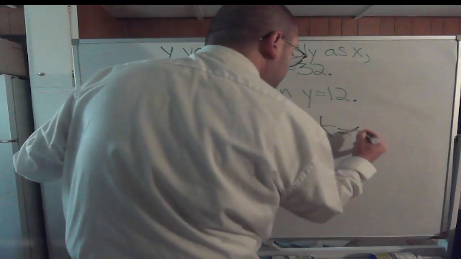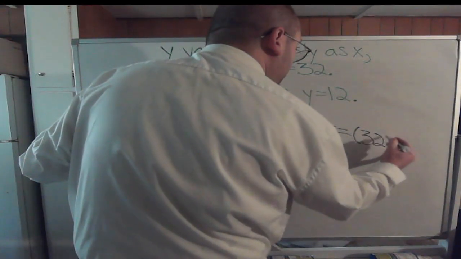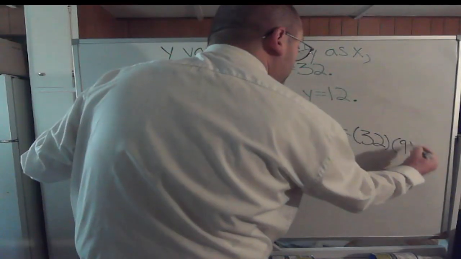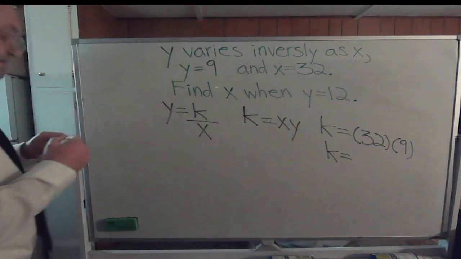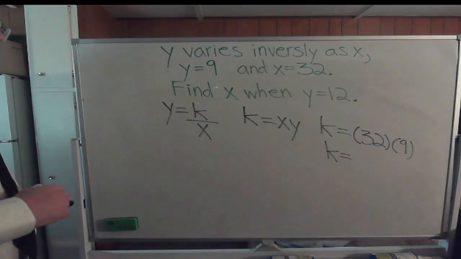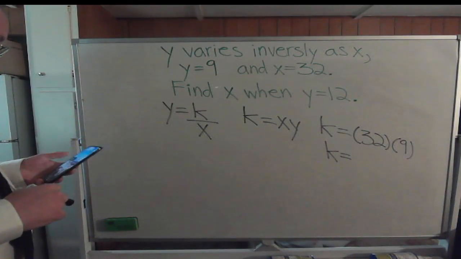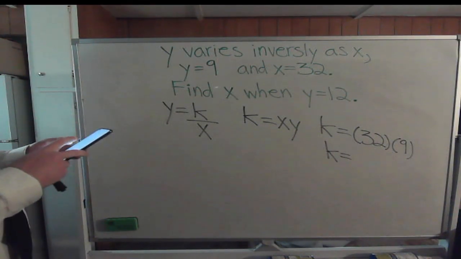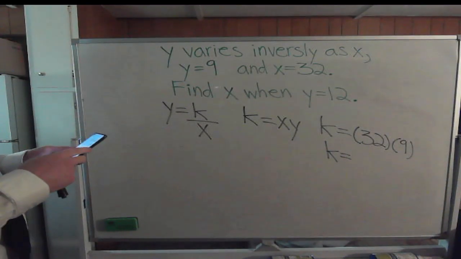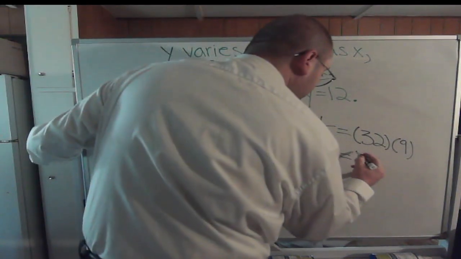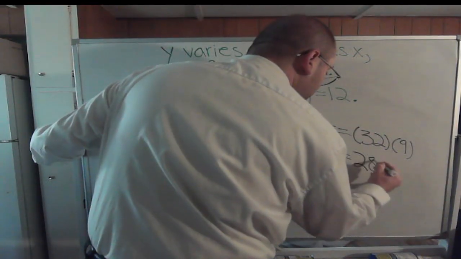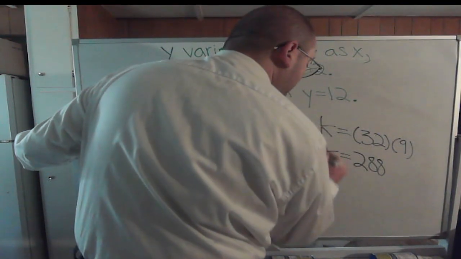X was 32, and y was 9. So all I have to do now is take 32 times 9 and I'll have my constant of variation. So let's go ahead and do that here. That gives me 288. So my constant of variation turns out to be 288. That's the value for k.